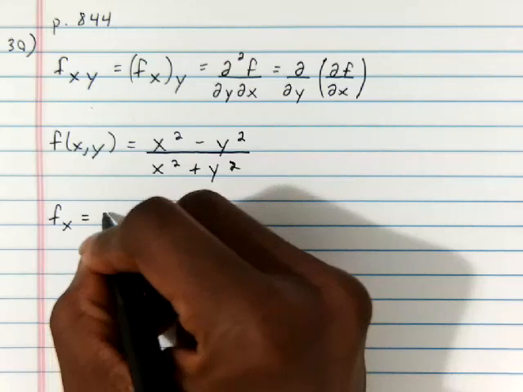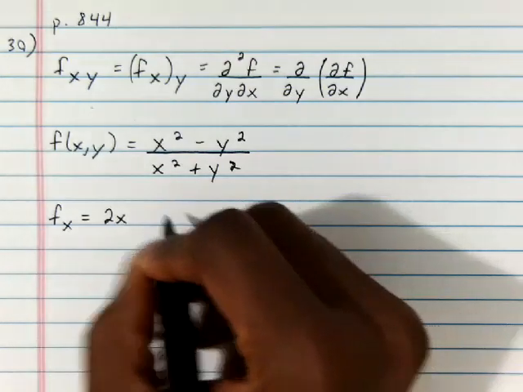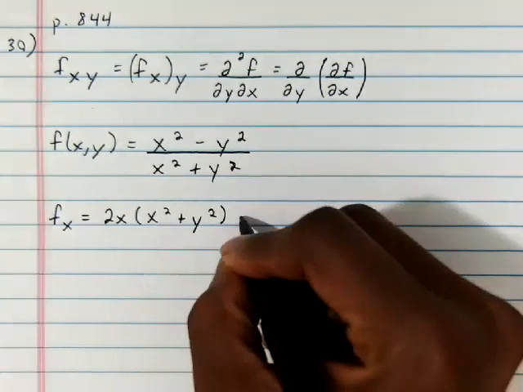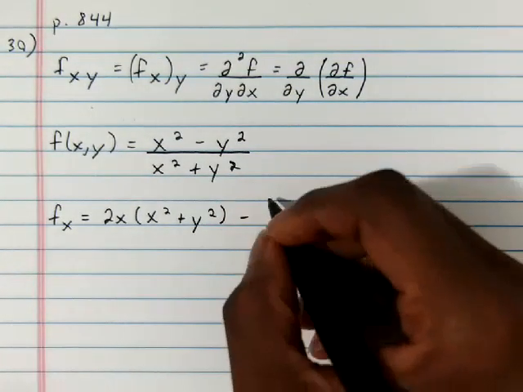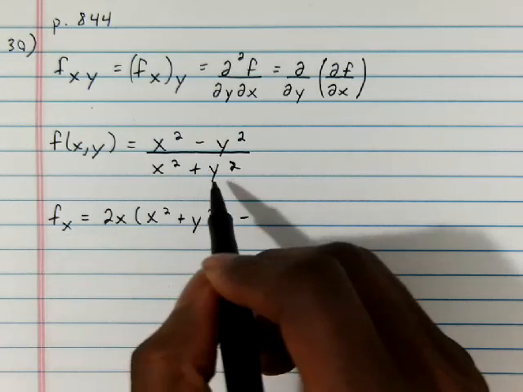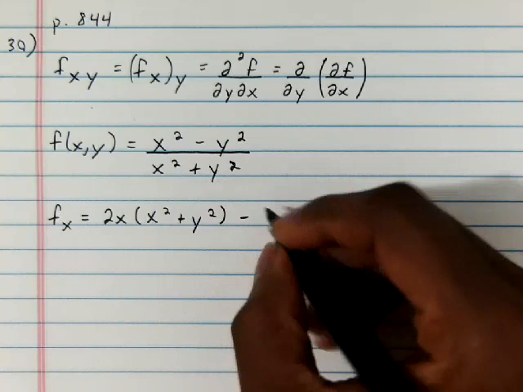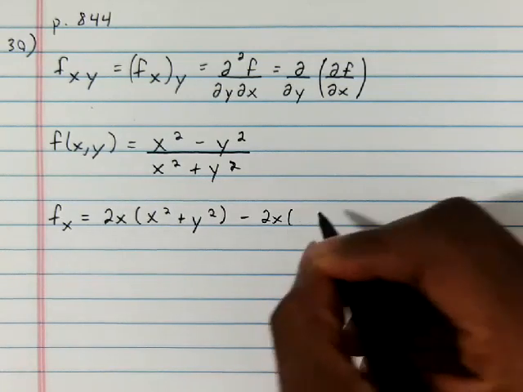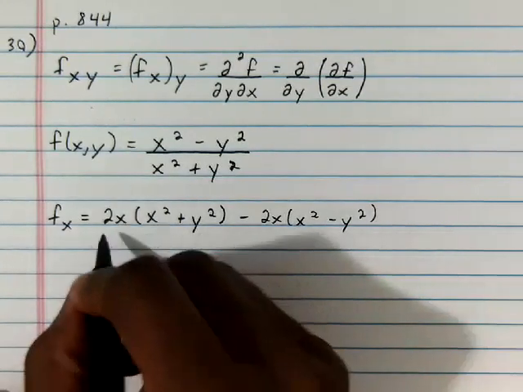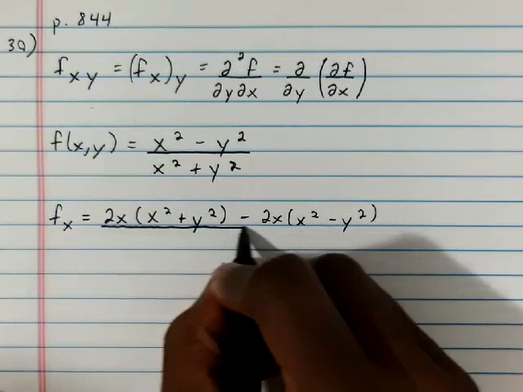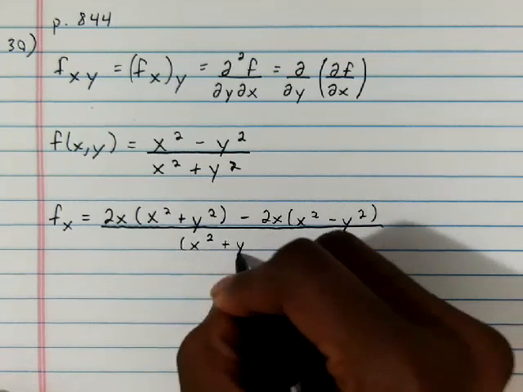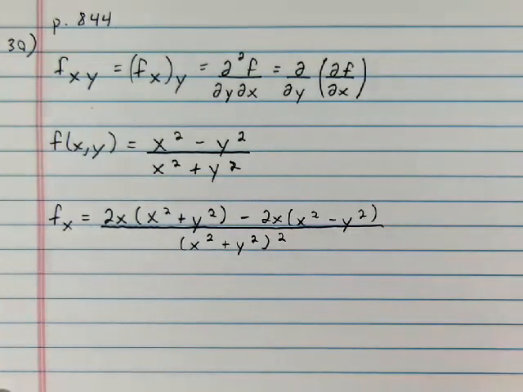So we get 2x for the numerator, and then times x squared plus y squared, and then minus, now remember, we're only taking partials with respect to x now. So now we're taking the derivative of the denominator, but just with respect to x. So 2x times the numerator, which is x squared minus y squared, all of that over the quantity x squared plus y squared, squared.